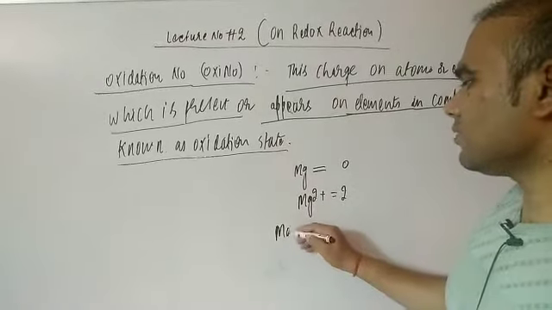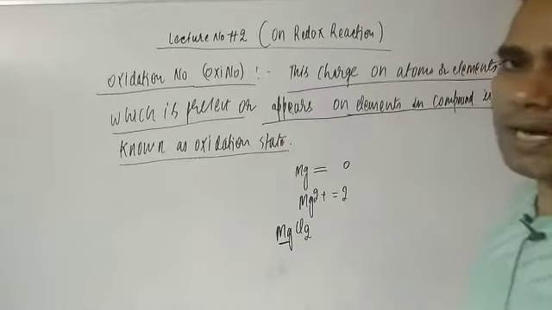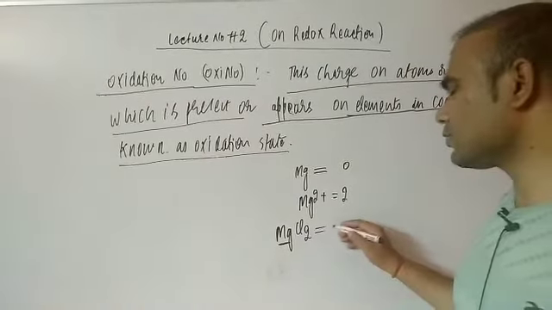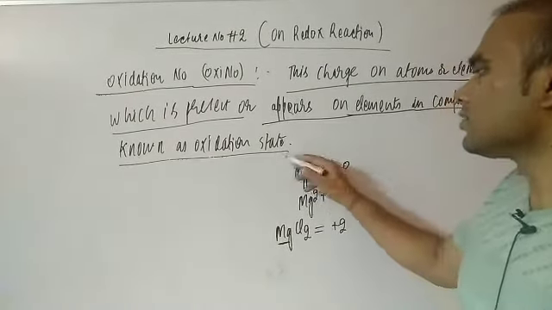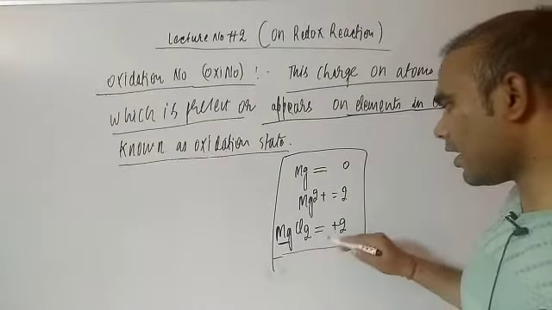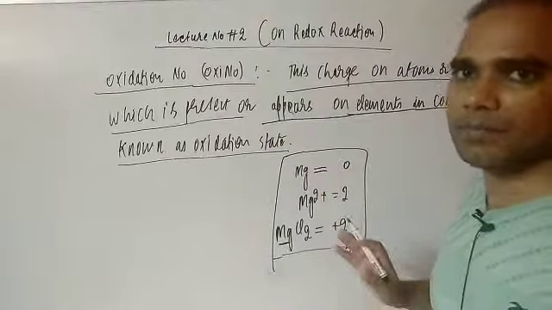But if we talk about MgCl2, in the compound there is no visible charge, but if you calculate how much charge is supposed to come, that is +2. So whether it is present or appears to be present, that is what is known as oxidation number, students.